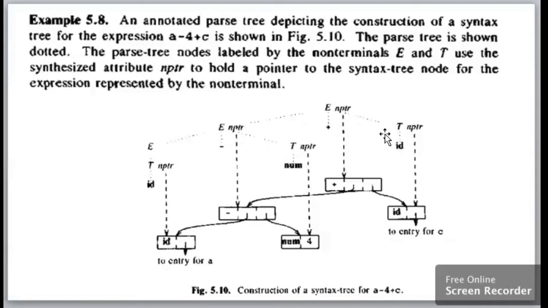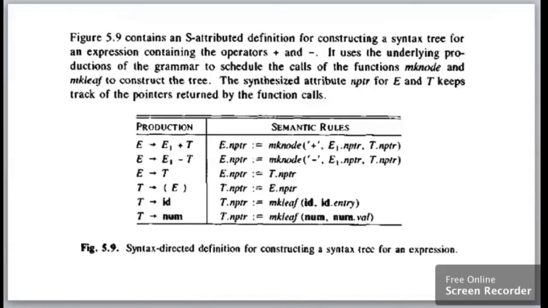If this is going to be my parse tree, based on the parse tree I am going to construct the nodes now. As we can see, E can have the form of T and T can have the form of id. What is the semantic rule? T dot nptr, that is a new pointer, is equal to mkLeaf, that is make leaf for the id, comma id dot entry, that is the entry to the symbol table.